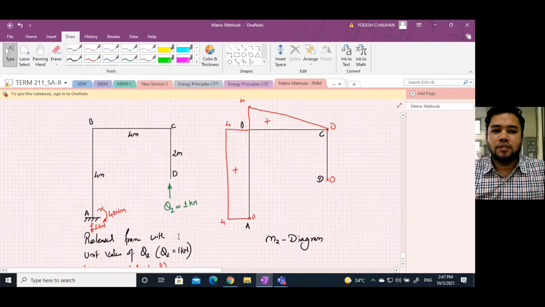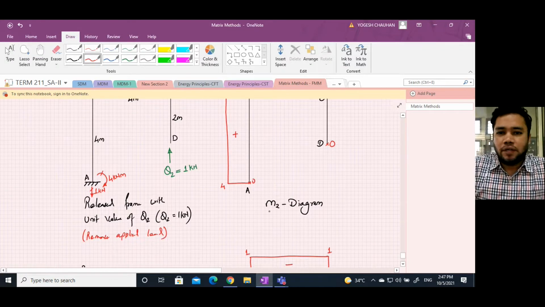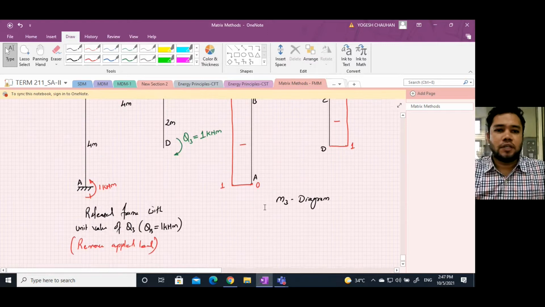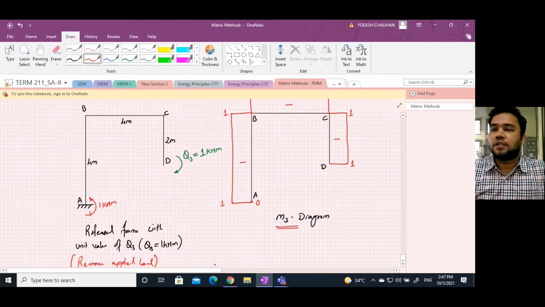Then we apply unit value of Q2. We find the support reactions because of this and draw the bending moment diagram, which we call small m2 diagram. Then we apply the unit value of the third redundant, that is Q3 equals 1 kN meter, and draw the bending moment diagram, which we call M3 diagram.